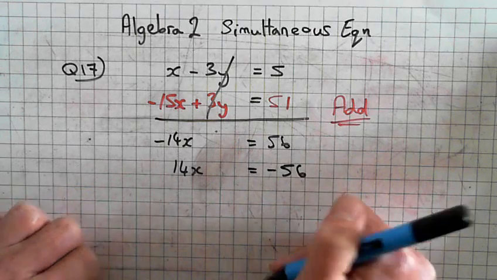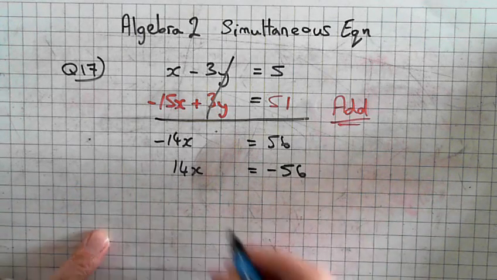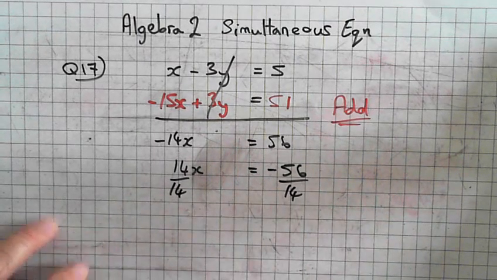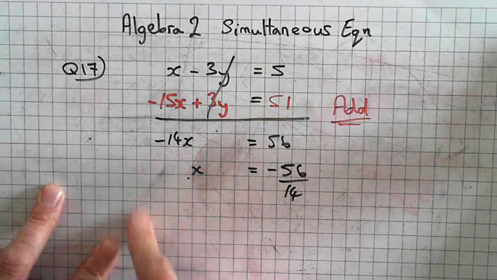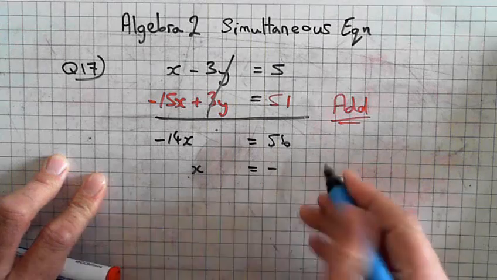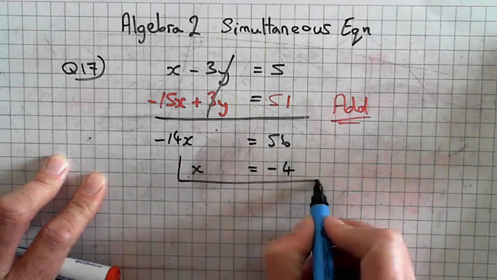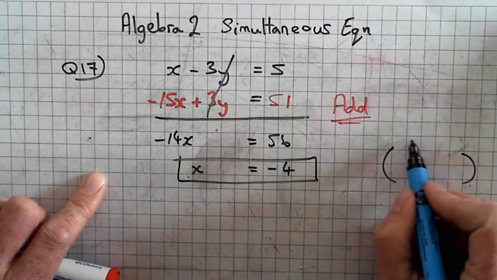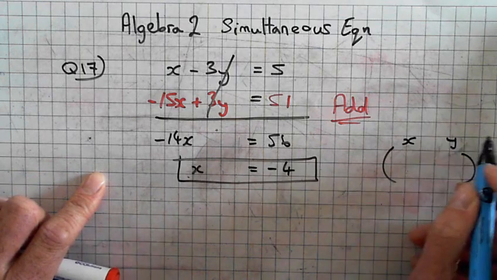I want to get rid of the 14 in front of the x, so I divide both sides by the number in front of the x. 14 divided by 14 is 1. 56 divided by 14 is 4. x is equal to 4. I'm looking for an x and y coordinate.